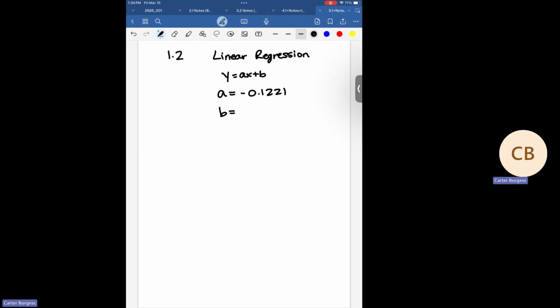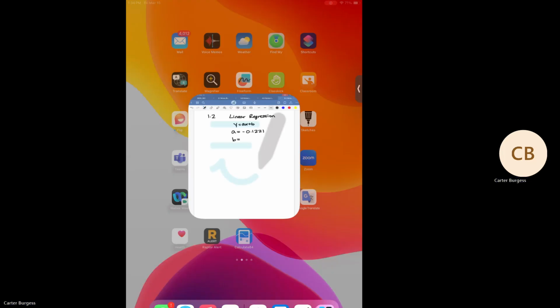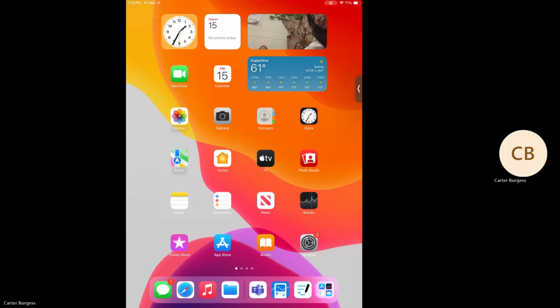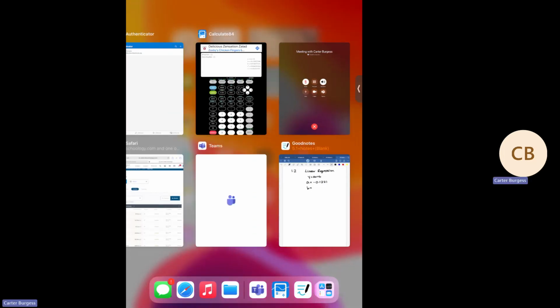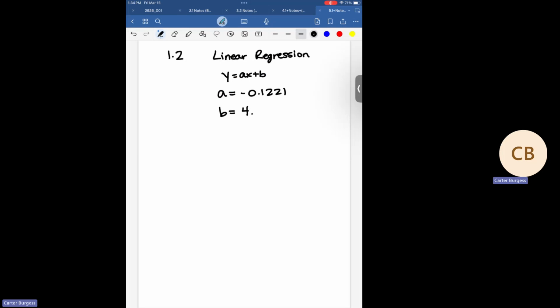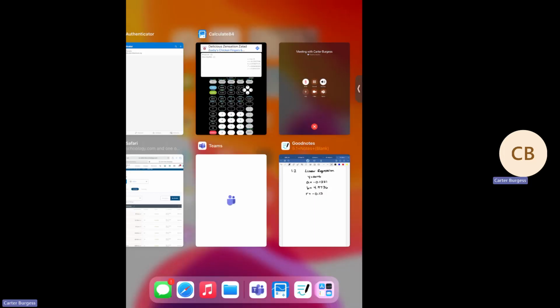So a b value of 4.9736. All right. And we got an R value of negative 0.1202.